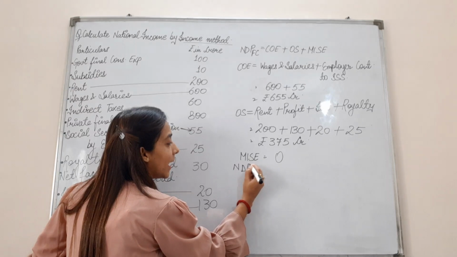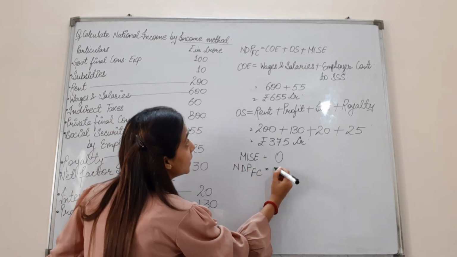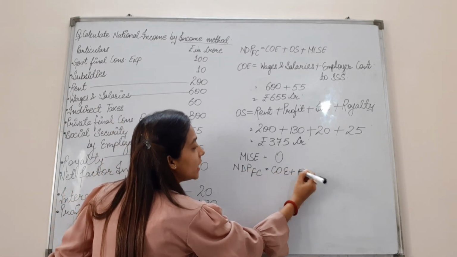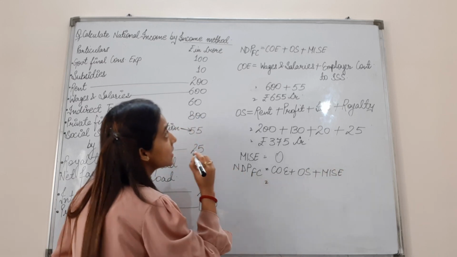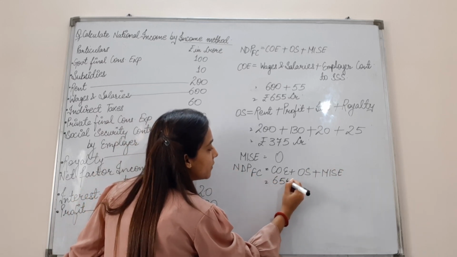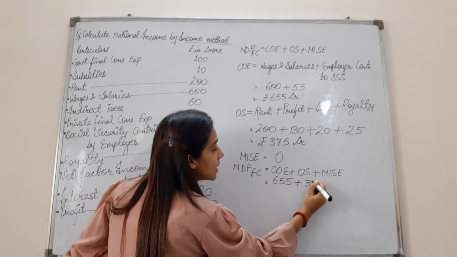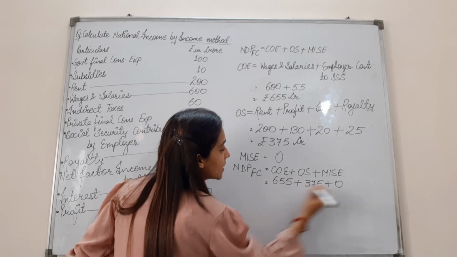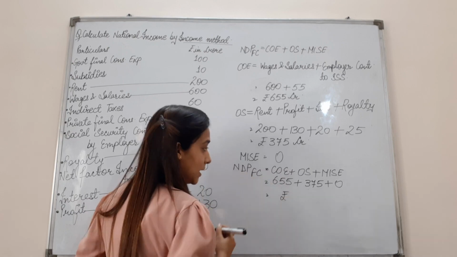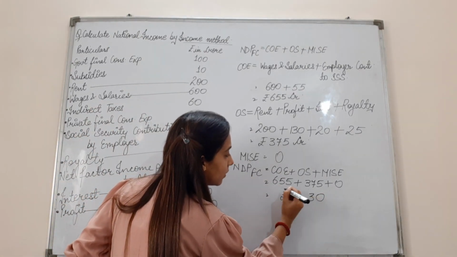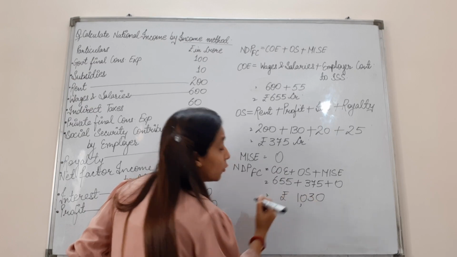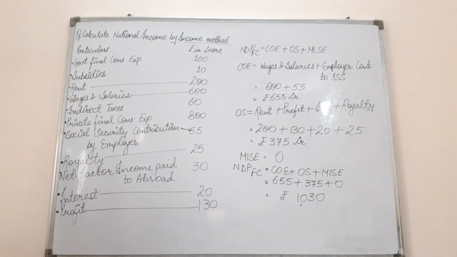So NDP at FC is equal to COE plus OS plus MISE. What is COE? 655 plus OS 375 plus 0. It will be rupees 1030 crores.